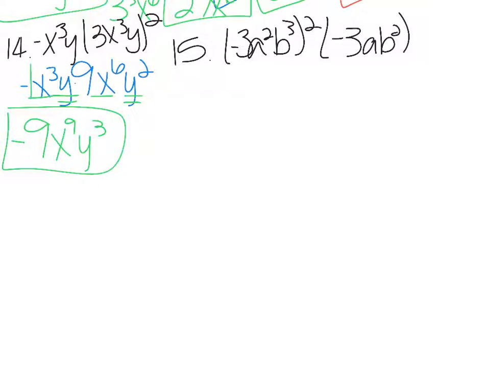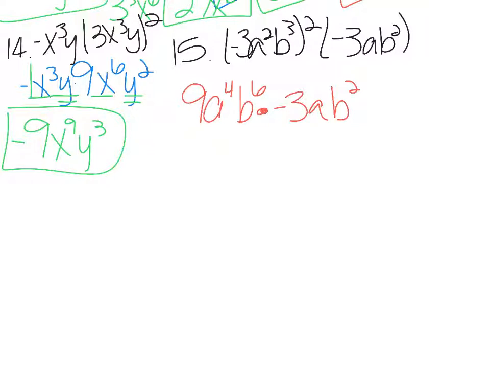When I look at the first group here, everything inside here needs to be squared because everything is inside the parentheses. So whenever I square the 3, I need to square the negative 3. It's going to be negative 3 times negative 3, which gives me 9. A squared squared gives me a to the 4th. B cubed squared gives me b to the 6th. Now that second set of parentheses, there's nothing I can do to simplify it, so we'll leave it as times 3ab squared. And remember, that is a times, not a subtraction sign.